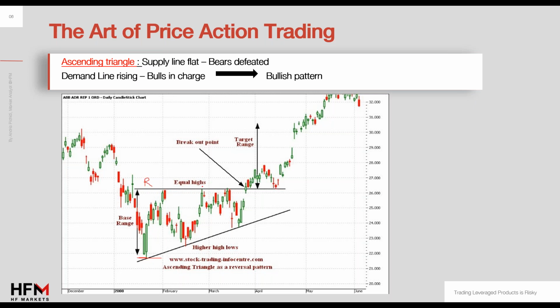Then it reversed again, posting another higher low. By connecting the lows, we could see that this is our support trend line, which is ascending. So it is forming something like an ascending triangle. The top, the resistance, is flat, but the support is rising, because we have higher lows.